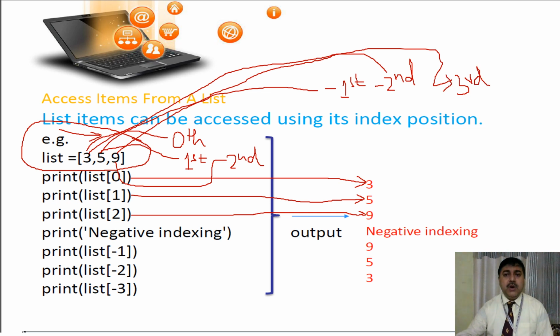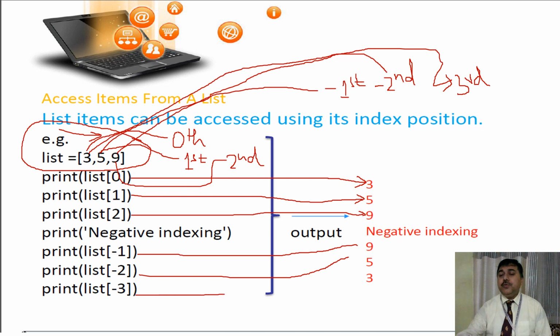So this is what we find for the positions. When I say list -1, what is it going to print? 9. -2 means what is it going to print? 5. And -3 means what is it going to print? It is going to print the value 3.